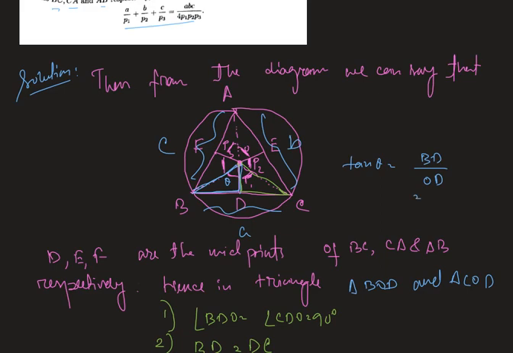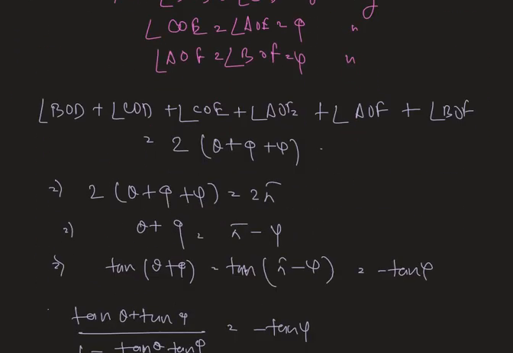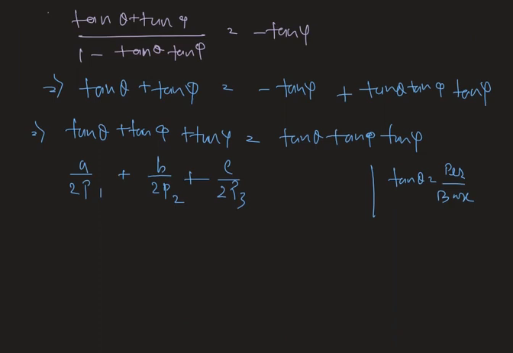Now the value of BD is a by 2 and the value of OD is P1. Therefore the value of tan theta is a by 2 P1. Similarly, we can have the values of tan phi and tan psi as b by 2 P2 and c by 2 P3. Therefore, on the right hand side we get abc divided by 8 P1 P2 P3.